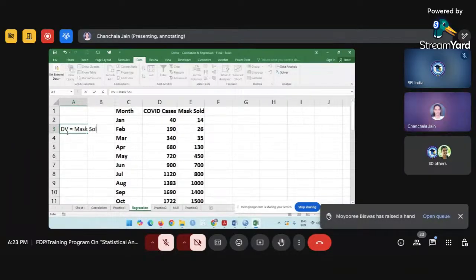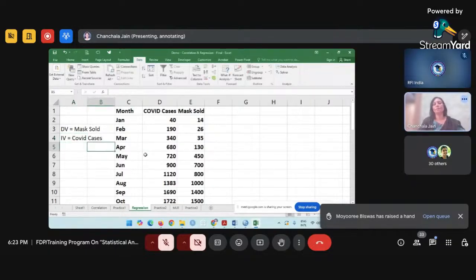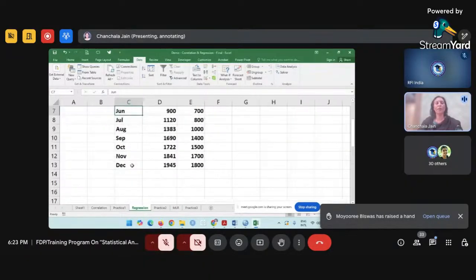Very good. Sale of masks depends upon the number of COVID cases occurring, right? So it is quite obvious masks sold is the dependent variable and COVID cases is the independent variable.